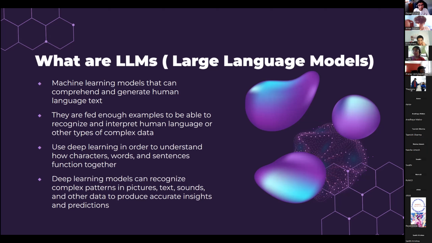These LLMs use a type of machine learning called deep learning in order to understand how characters, words, and sentences function together. So deep learning models can recognize complex patterns in pictures, text, sounds, and other data to produce accurate insights and predictions.